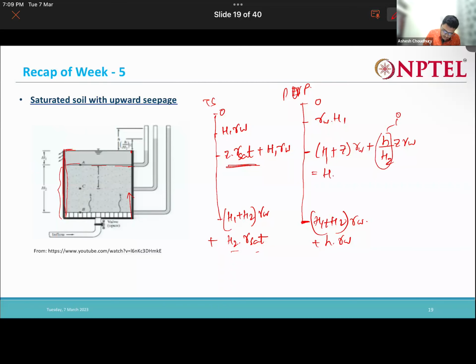So it is nothing but H1 plus Z into gamma W plus iZ gamma W.